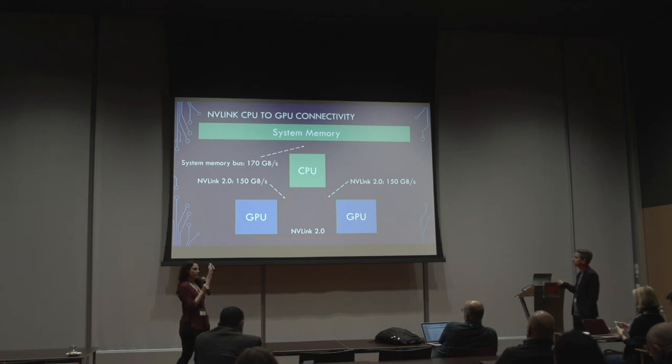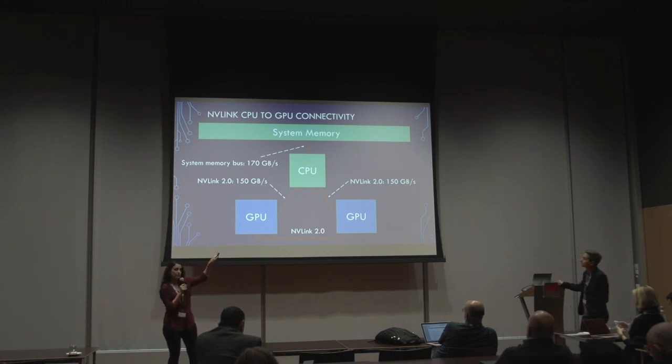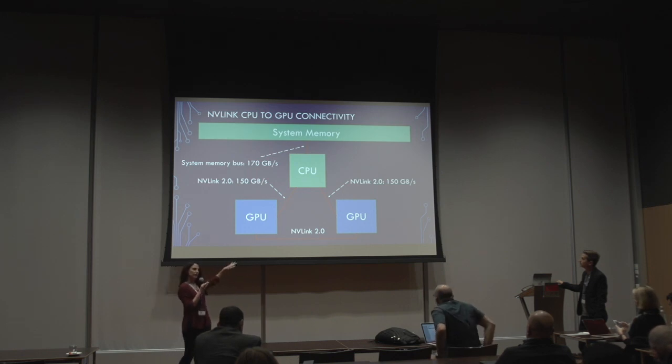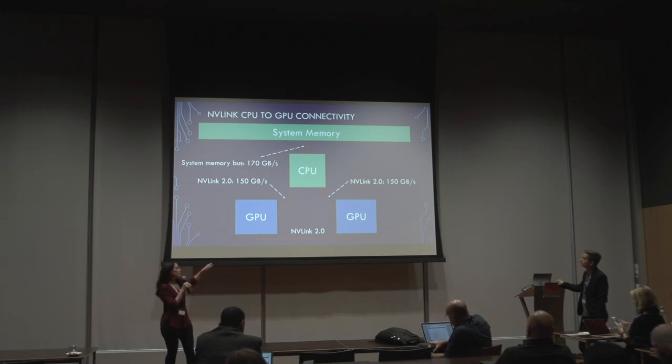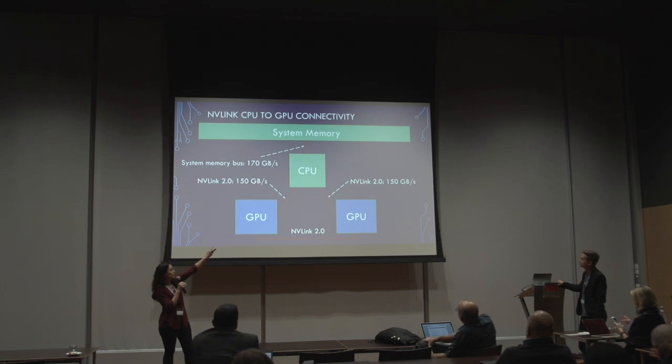We have one of these links per GPU, so they're not sharing this, right? So you get 150 gigabits per second. And then they also have NVLink 2.0 between the GPUs. Lots of other boxes also have NVLink between the GPUs. So they might claim they have NVLink, but they don't have NVLink between the CPU and the GPU, right?